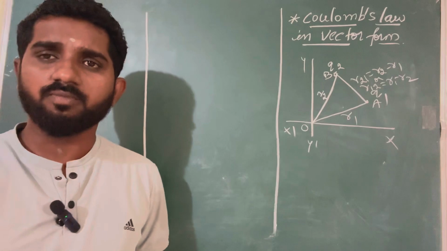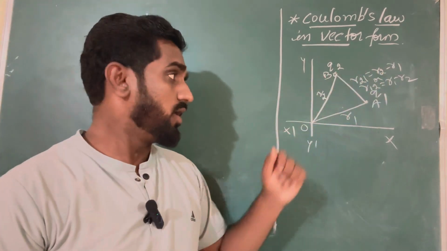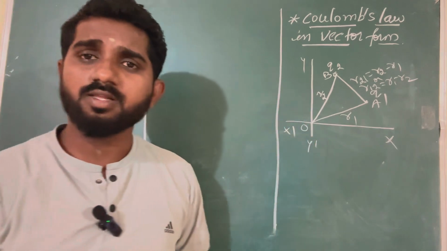So what is the displacement vector between the two charges? One is r21, that is r2 minus r1, and r12 is r1 minus r2.